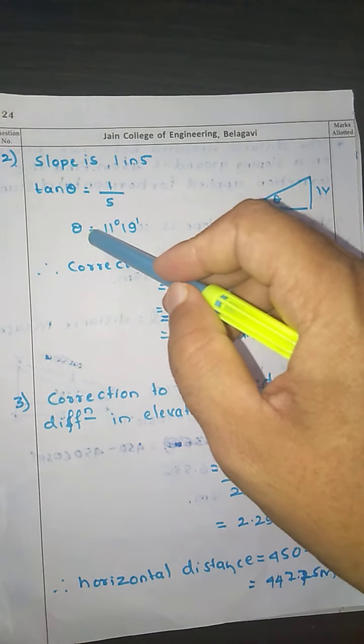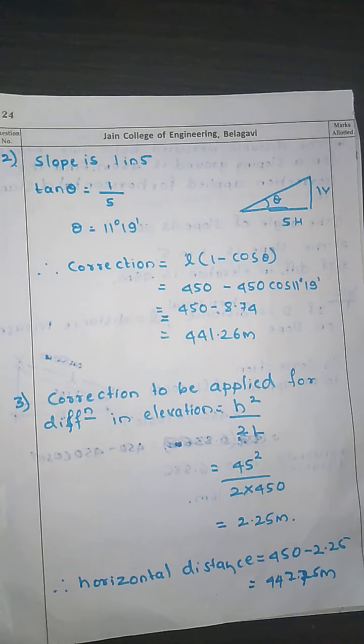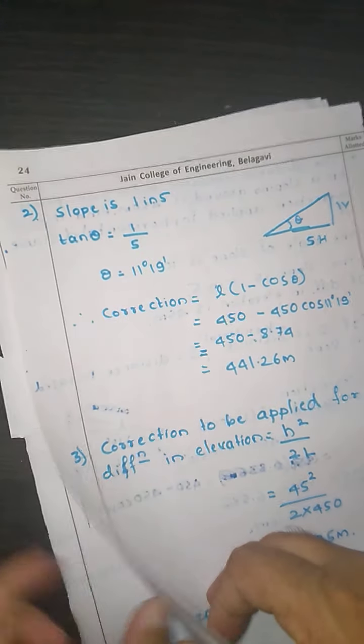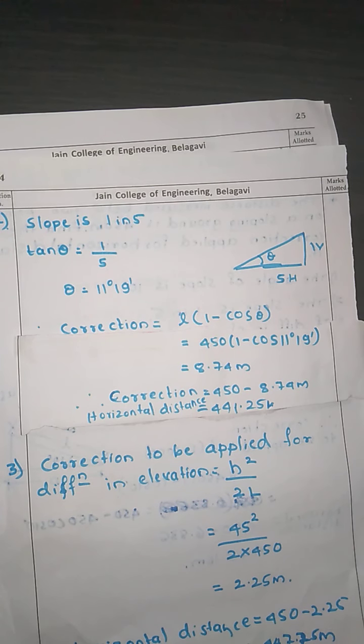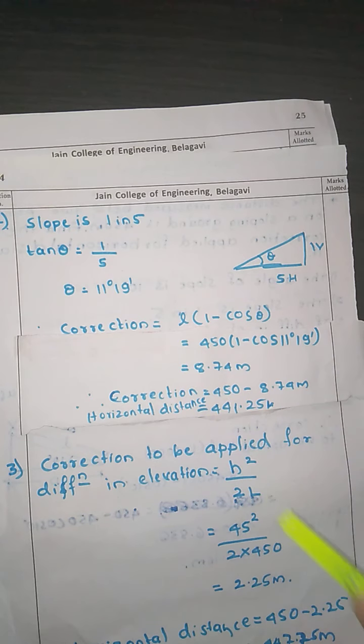If we calculate theta as tan inverse of 1 by 5, it becomes 11 degrees 19 minutes. Now the correction applied is L into (1 minus cos theta), where L is 450 and theta is 11 degrees 19 minutes. Then the correction is 8.74 meters.